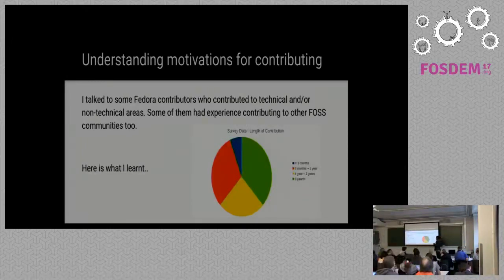The participants had contributions in technical and non-technical areas, in different parts of the Fedora project. They also contributed to some other projects, and they were not necessarily Red Hat employees. This pie chart shows how long they had been contributing in the community. They are equally well distributed amongst long-term contributors, short-term ones, and contributors who have been in the Fedora community for a really long time, more than 3 years.